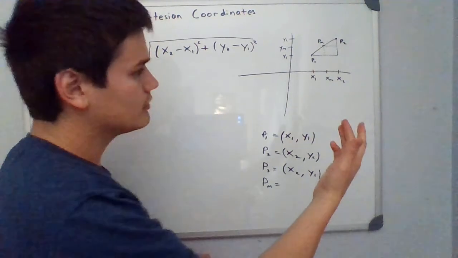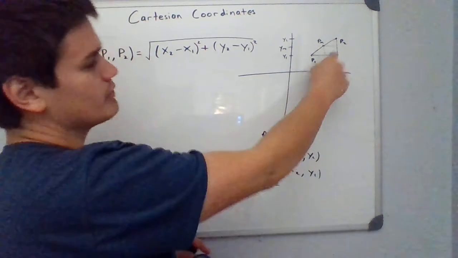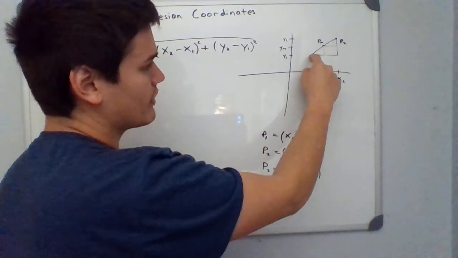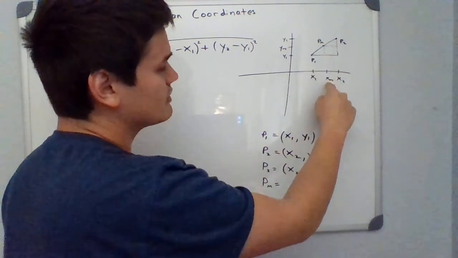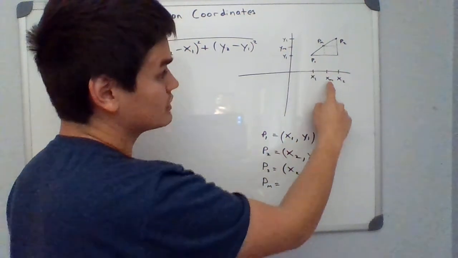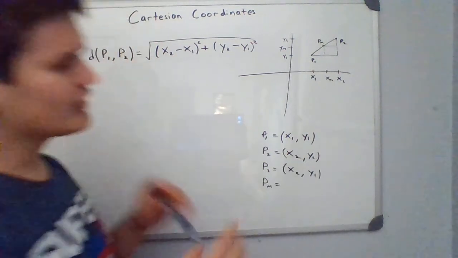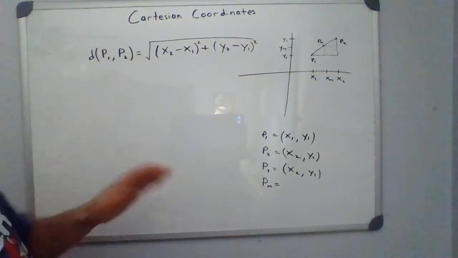And, well, how we find that is we found those two triangles are congruent, so P1 XM is congruent to XM X2. This is maybe a little more detailed, and I'm just kind of giving a brief overview.